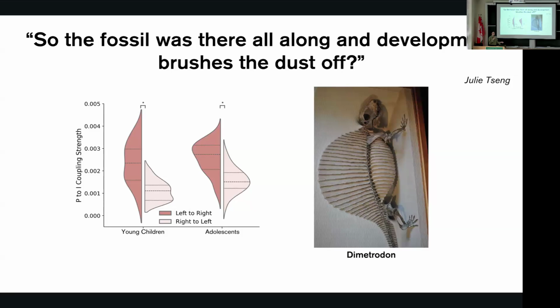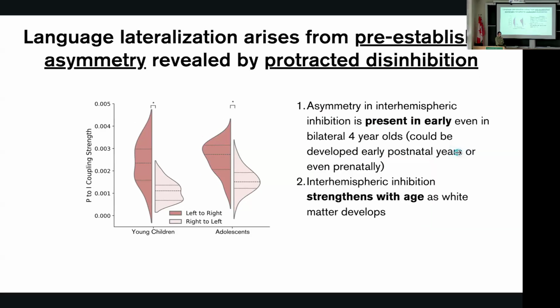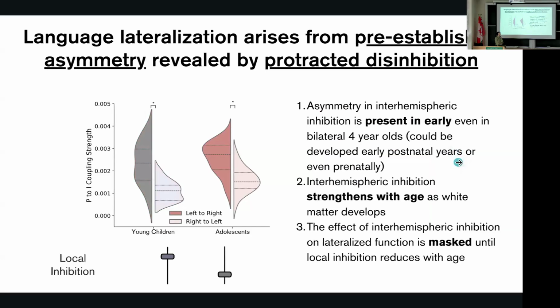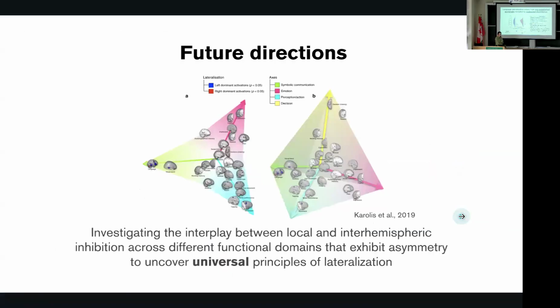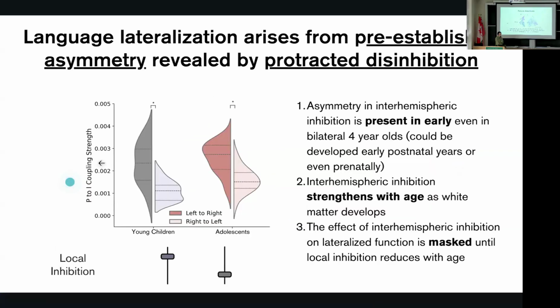This could be developed prenatally or be genetically coded, but it doesn't have an effect on the functional lateralization of these children's networks because of the high local inhibition earlier on in development. And when this local inhibition reduces by adolescence, their networks actually lateralize.